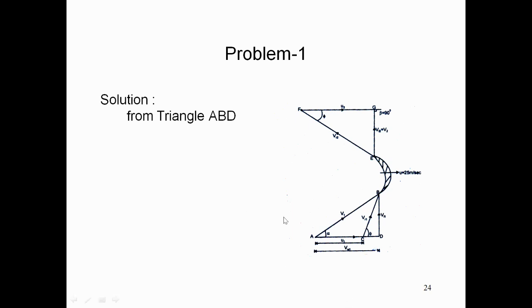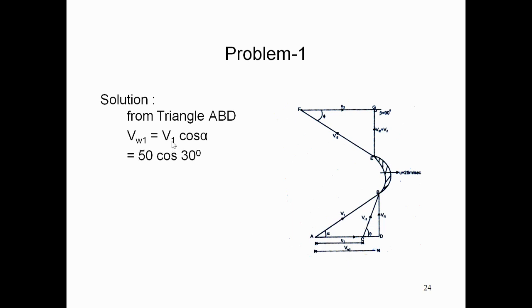From triangle ABD, we can find VW1. VW1 is equal to V1 cos alpha.